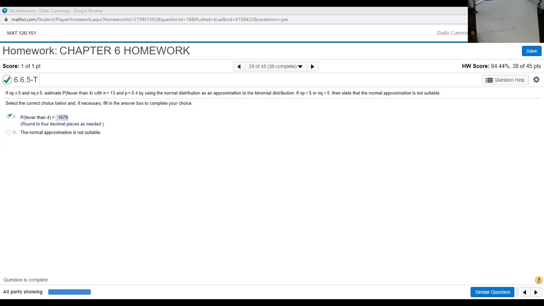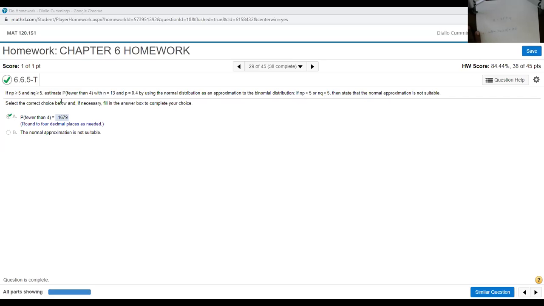We want to estimate the probability that x is fewer than 4, with n being 13, so n would be the number of trials, and p equal to 0.4, the probability of success. So this would allow us to approximate this binomial as a normal. If n times p is less than 5 or n times q is less than 5, then state the normal approximation is not suitable.